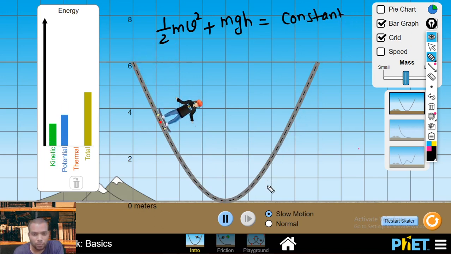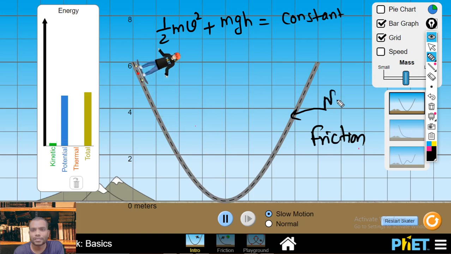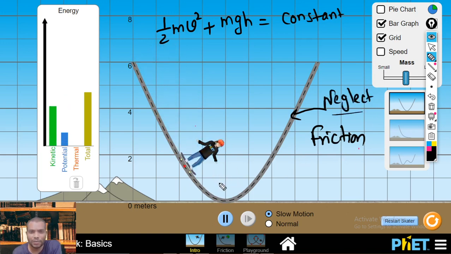So one point I would like to highlight. Especially in this case, we neglected the friction force. Neglect friction. So there is no friction between the wheels of the skate and the track.